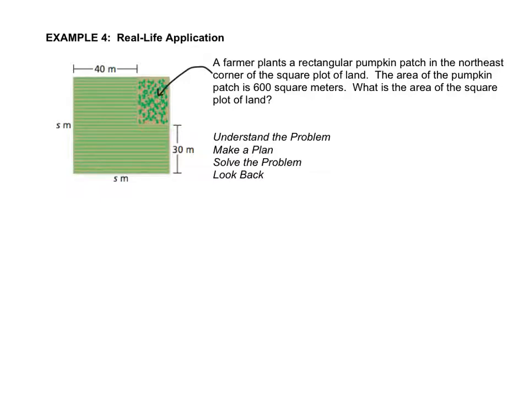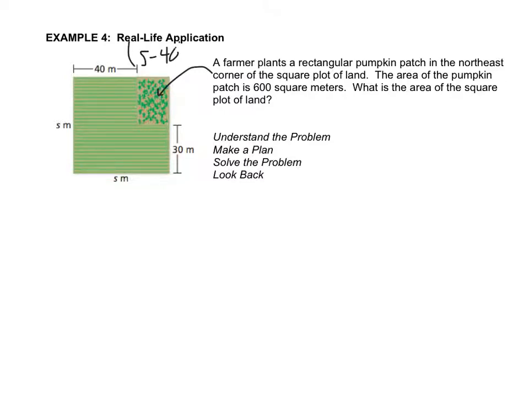Okay, so if I look at the upper piece, it is 40 meters, and the remaining piece of that upper corner, I don't really know right now what that is, this piece right here. But what I can do is use this down below to say that this piece right there is actually S minus 40.